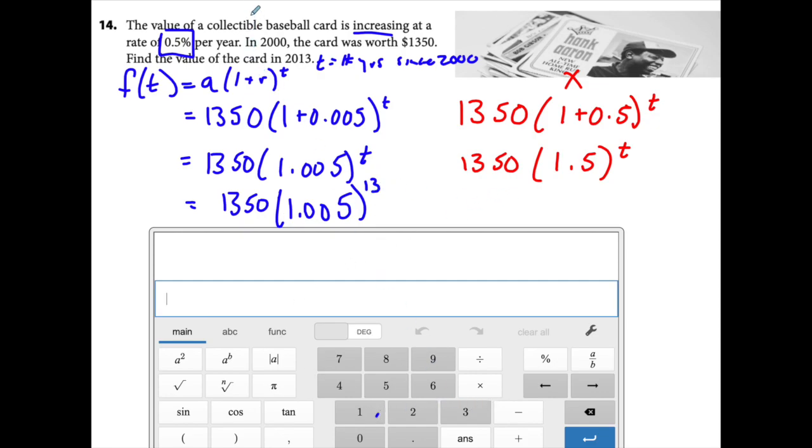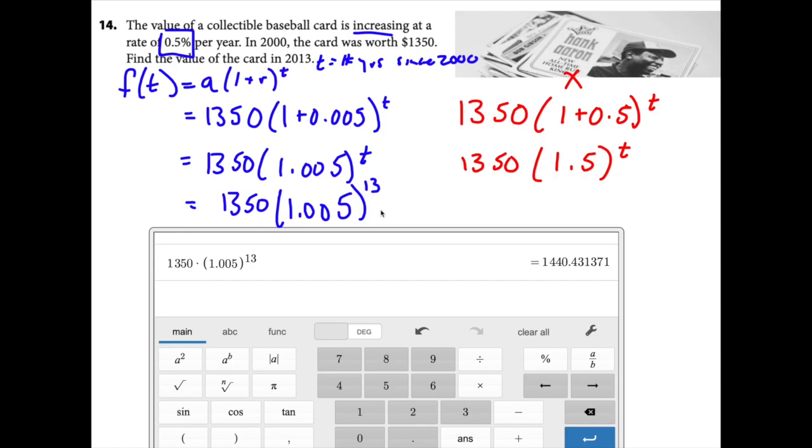So let's go ahead and access our calculator here on Desmos. You've got 1350 times, open your parenthesis, 1.005, close your parenthesis, to the power of 13.